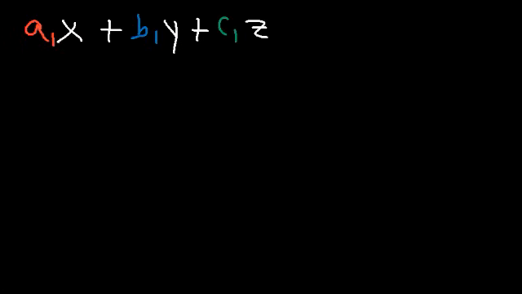Now, how can we use Cramer's rule to solve a three-variable system? So let's say we have the equations a1x plus b1y plus c1z, and let's say that's equal to d1.